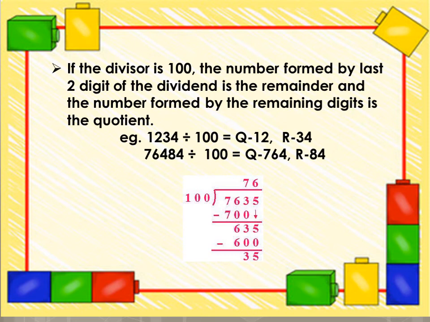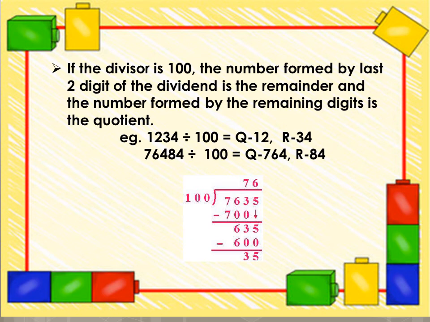In the given example, 100 sevens are 700, subtracted, the difference is 63, 5 is taken down, now it is 635. So 100 will be divided into 635, 100 sixes are 600 and 35 is the difference and remainder.